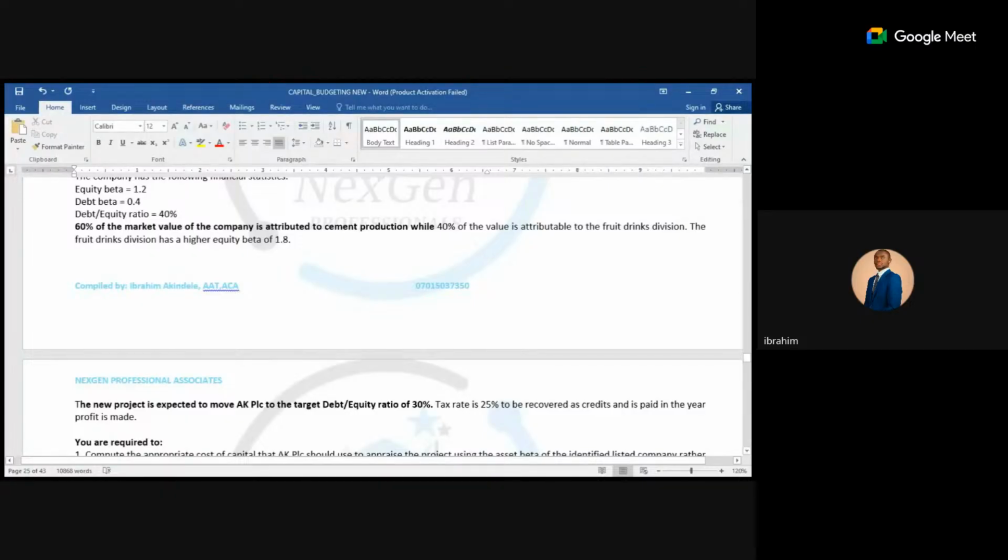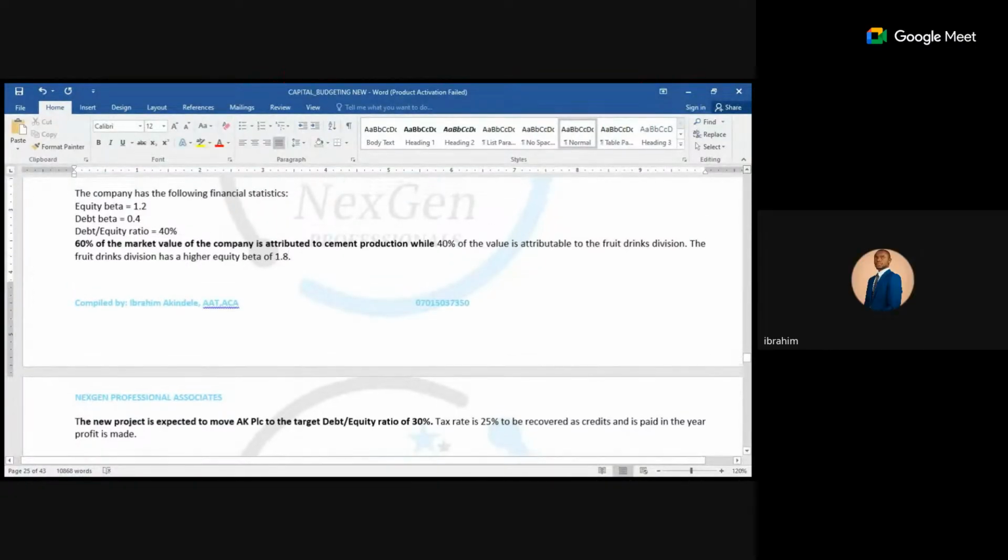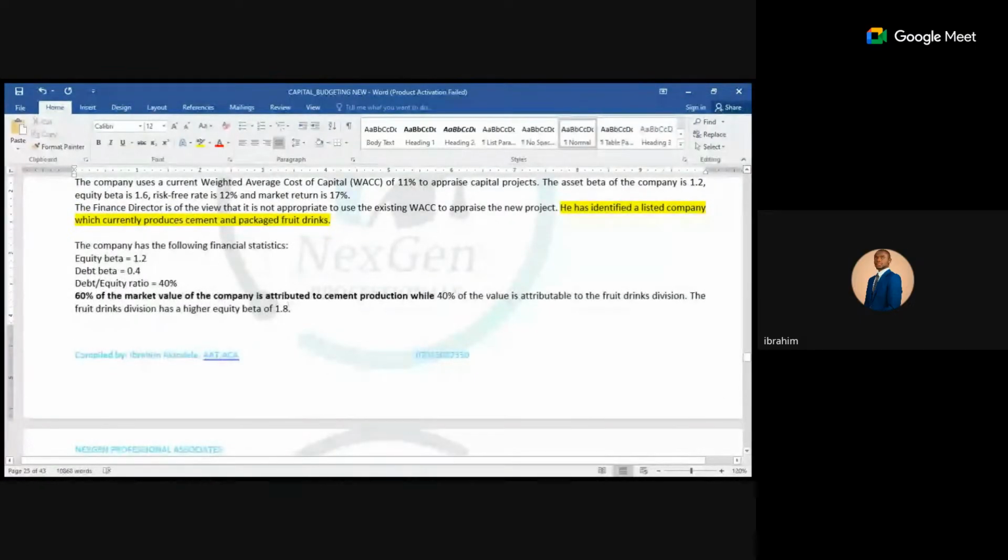Now, this 1.8, is it 1.8 or 0.8? I don't know. It's 0.8 I'm seeing here. Oh, yeah, I'm seeing 1.8 here. The 1.8 is for the full company, the total company. I was reading from the past question.